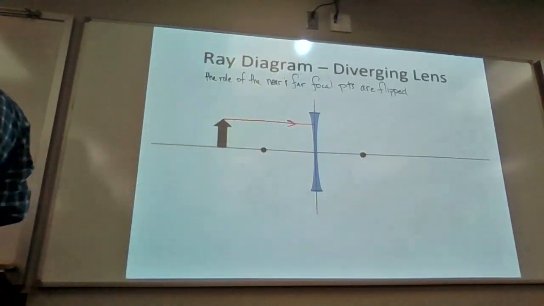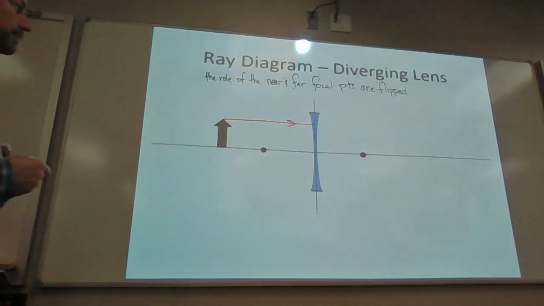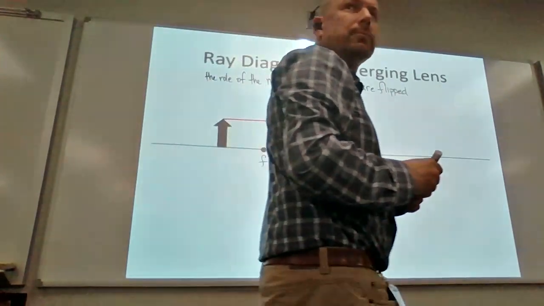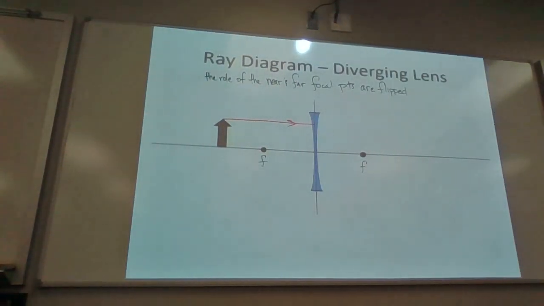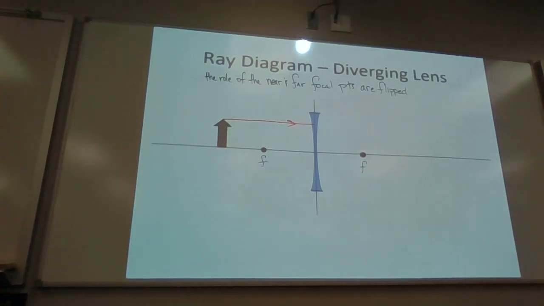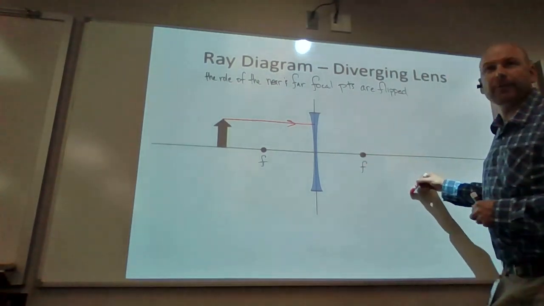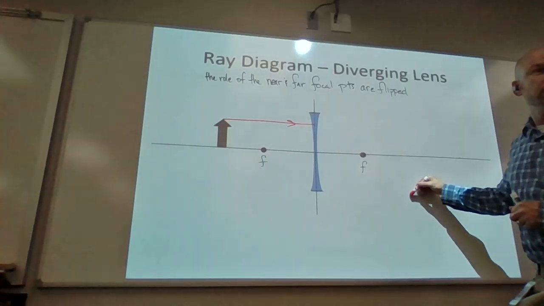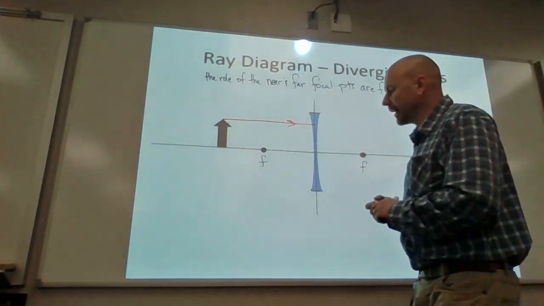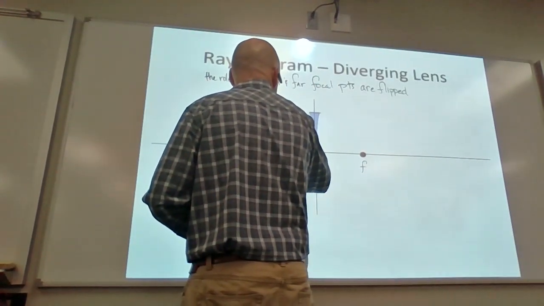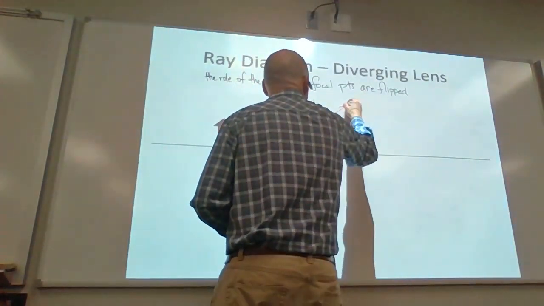First ray goes parallel. If this was a converging lens, then it would go through the far focal point. But it's diverging, so it's as if it comes from the near focal point.